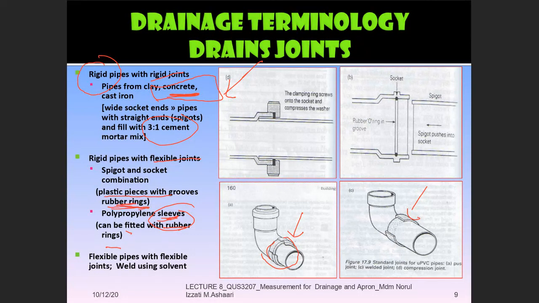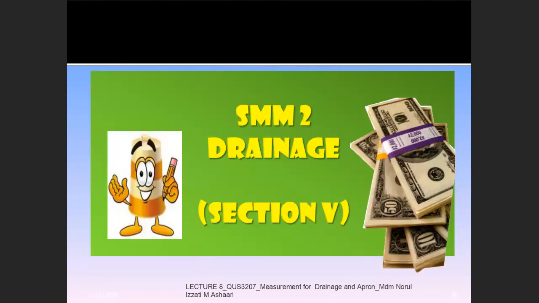This is very fundamental knowledge that needs to be catered for by the student and by the QS actually. Flexible pipe with flexible joint, or maybe you can use welding using solvent. So these are the recap terminology on the drainage jointing that must be stated at the heading of your description.